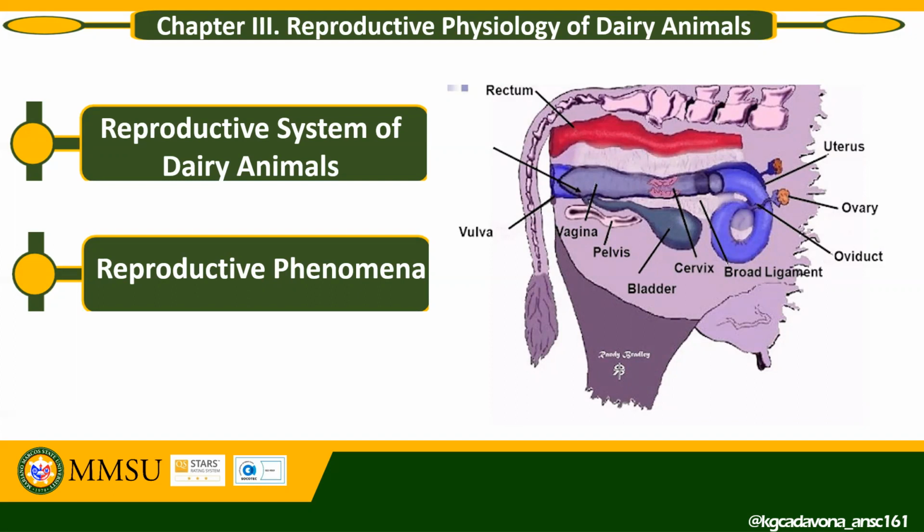Okay, so why do we need to study the reproductive system of farm animals, especially in the dairy? What do you think is the importance? Basically, one of the most common is the production of offspring. That is one of its basic functions.